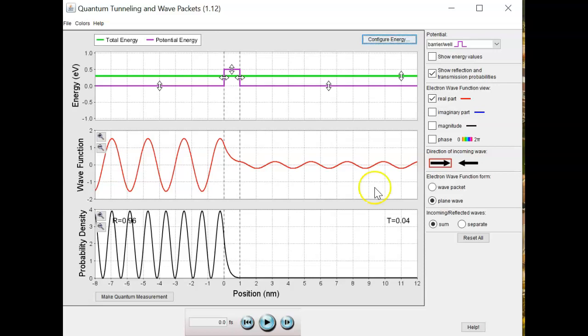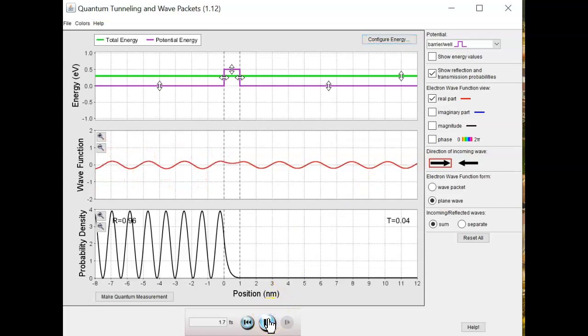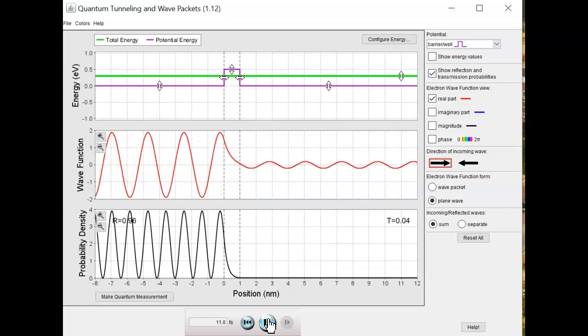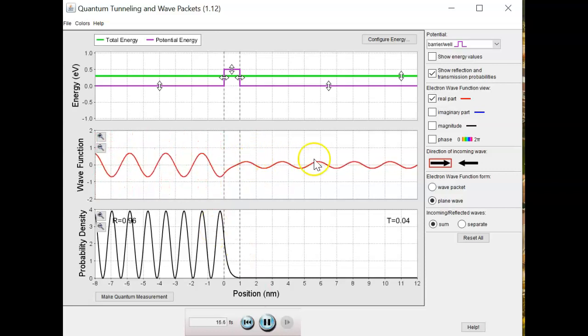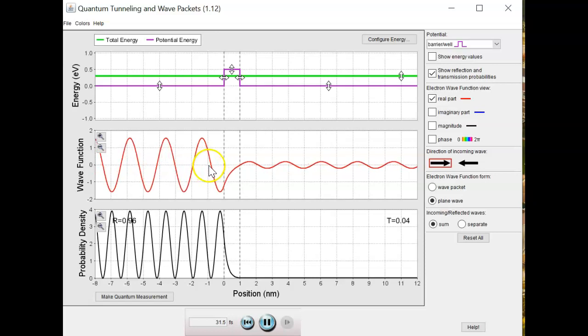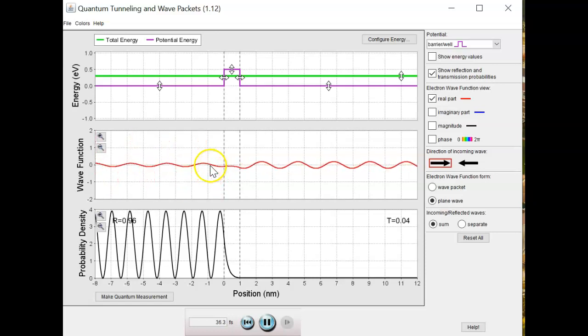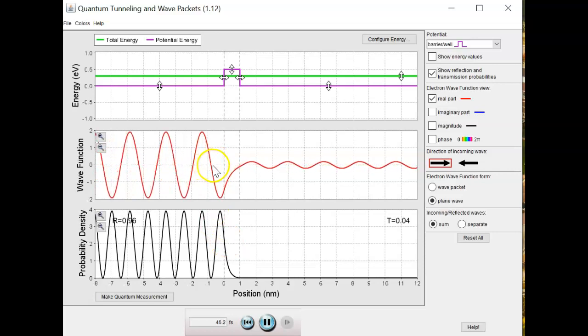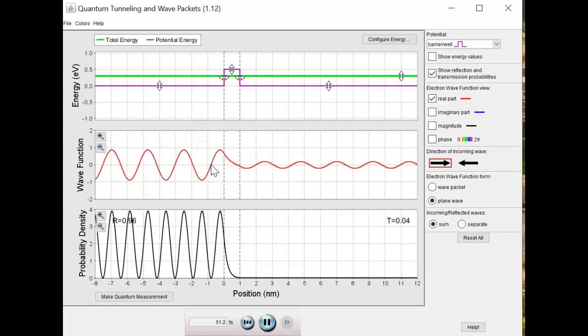So the first question is, is it a plane wave, or sorry, is it a traveling wave or a standing wave? Now, again, we see very clearly here that it's traveling to the right. Now, you might say that this looks like a standing wave on the left. Now, the tricky part is, if you look here, my node is staying in the same place.